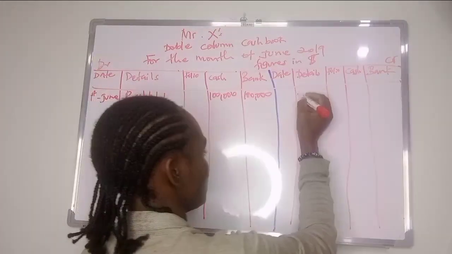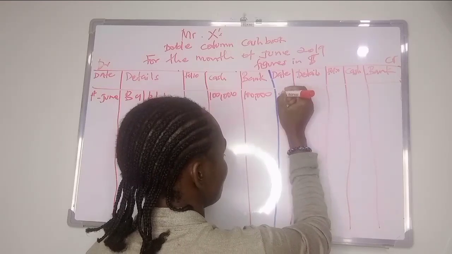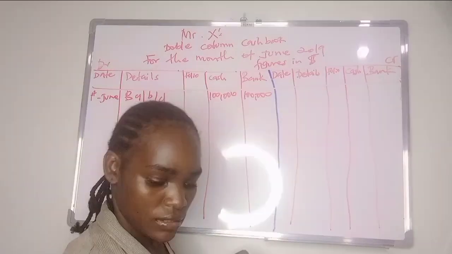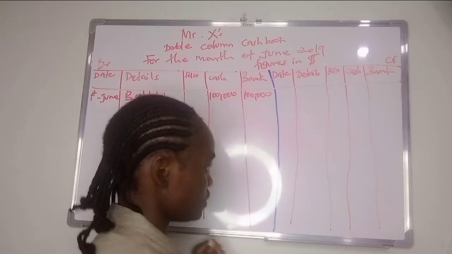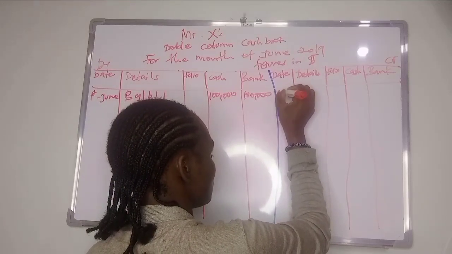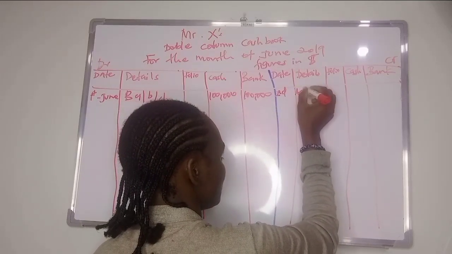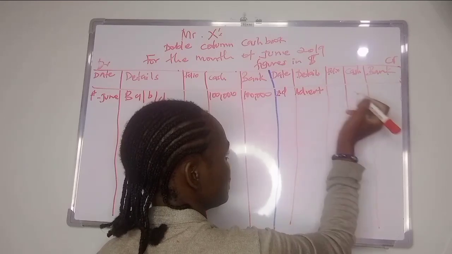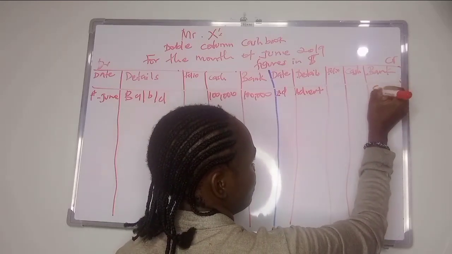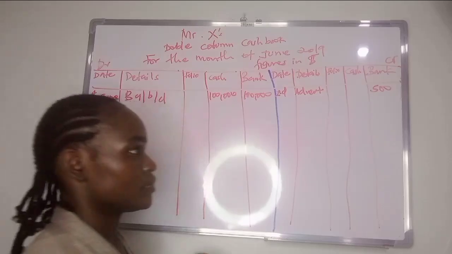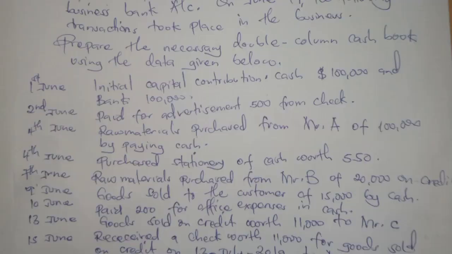So we come here and write the date, 2nd June, advertisement 500, like that.